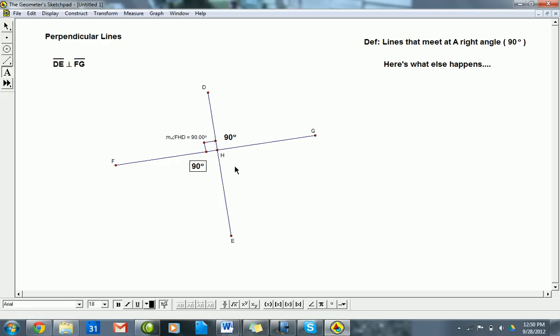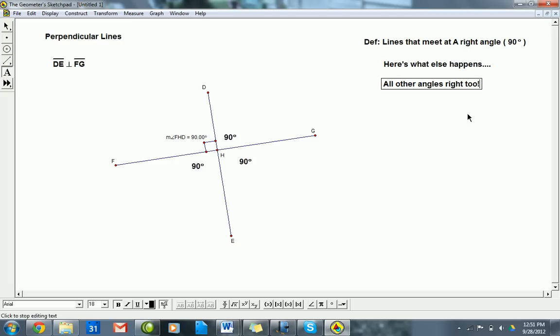And this angle right here is vertical to this angle. Therefore, these two angles have to be equal. Since this angle is 90, this angle has to be 90 too. So obviously if one angle is 90, then all the other angles have to be 90 degrees too.